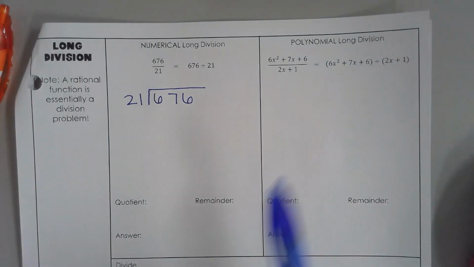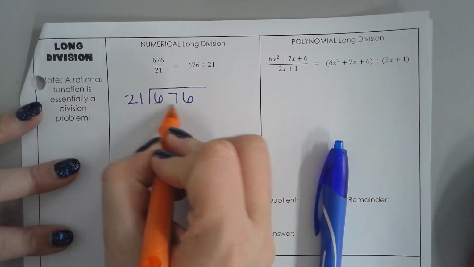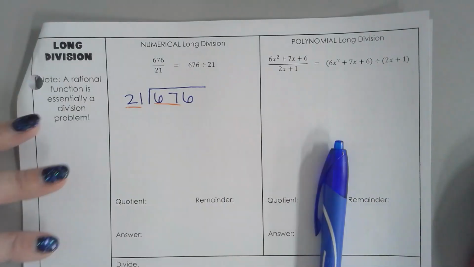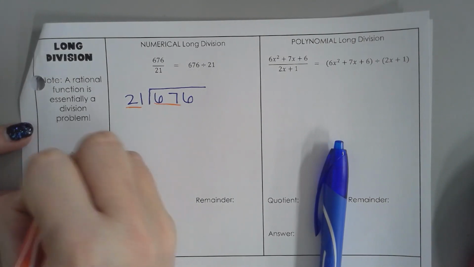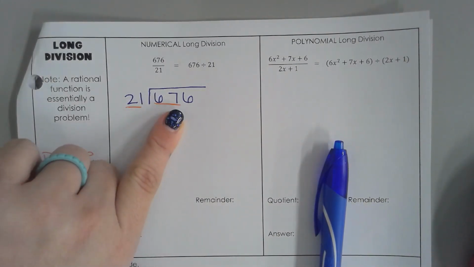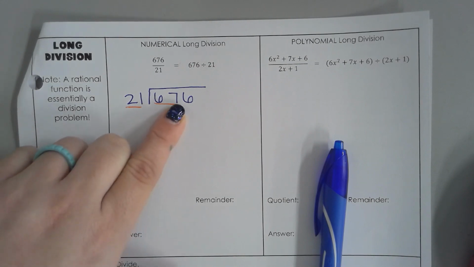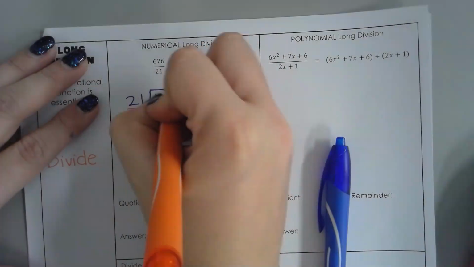And then, okay, well, I take 67 and I divide that by 21. So my first step is to divide. How many times will 21 go into 67? 3. So I put a 3 up here.